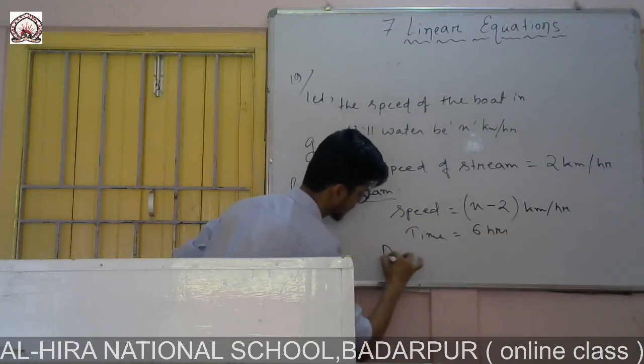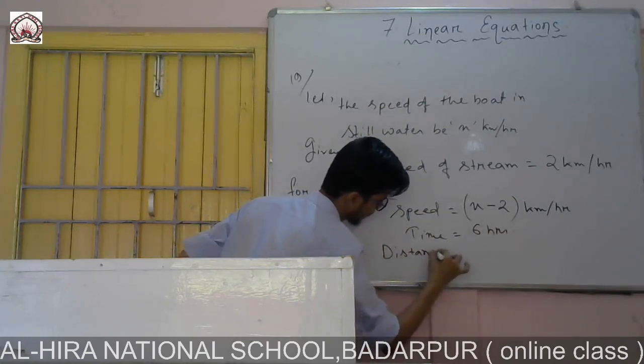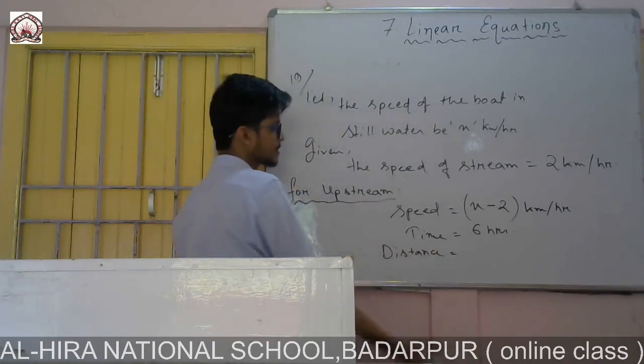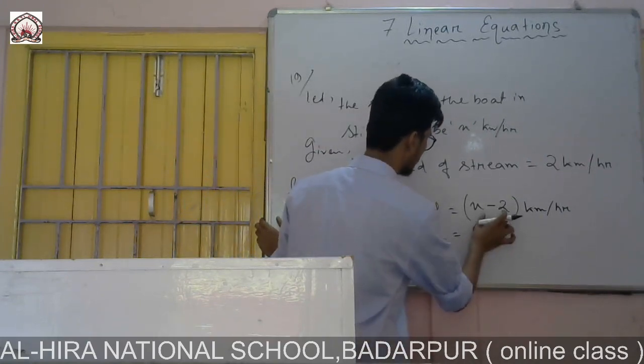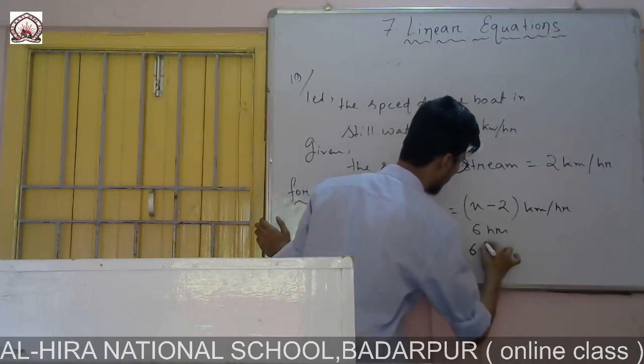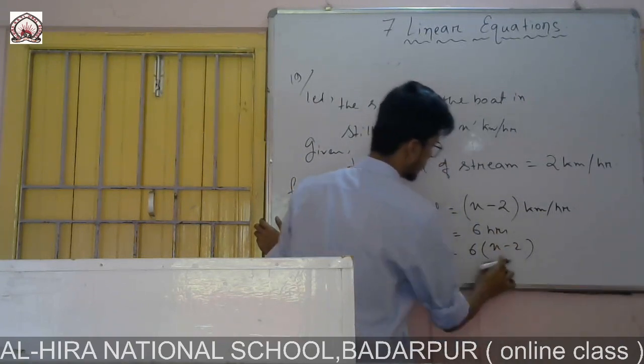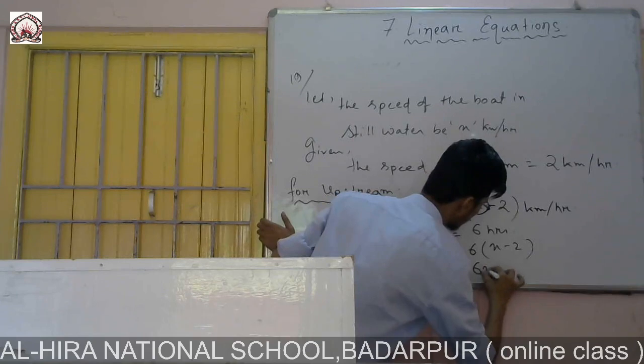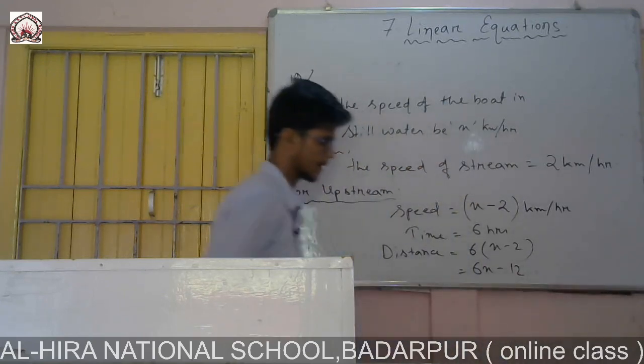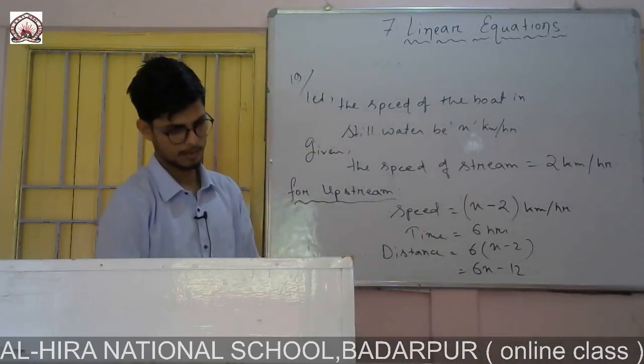So, therefore, distance will be speed into time. Here speed is this one and time is this one. So I will write time into speed, which will be equal to 6 times (x minus 2), that is 6x minus 12.